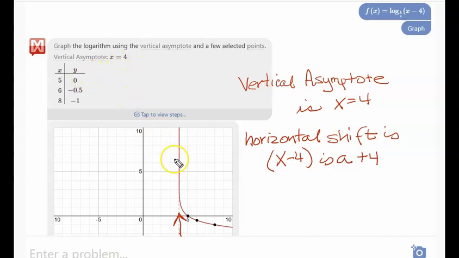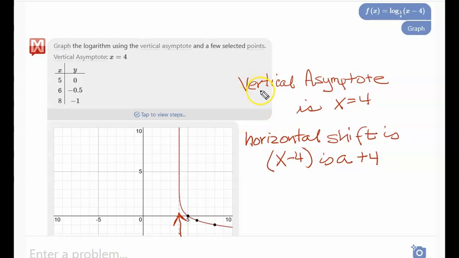So with the value in the parentheses, this x minus 4, the horizontal shift is not negative 4 this way, but a positive 4, opposite sign this way.